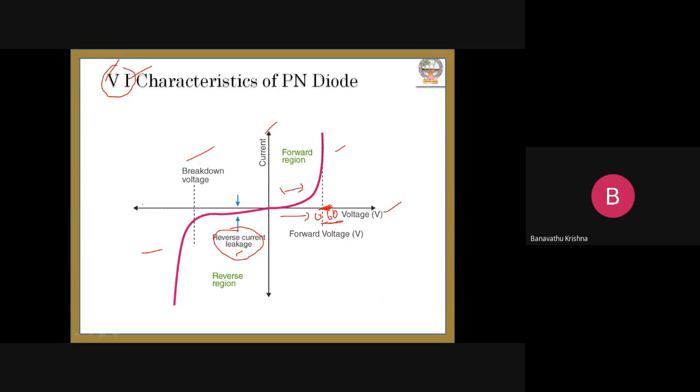By increasing the reverse voltage, at a certain point the current suddenly increases. So this voltage is nothing but the breakdown voltage, VZ. Okay, so this is the VI characteristic of the PN junction diode.